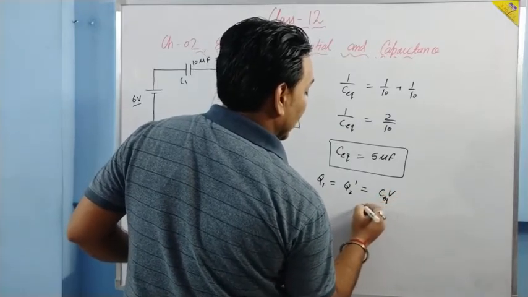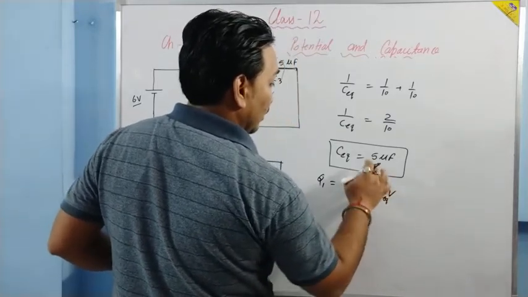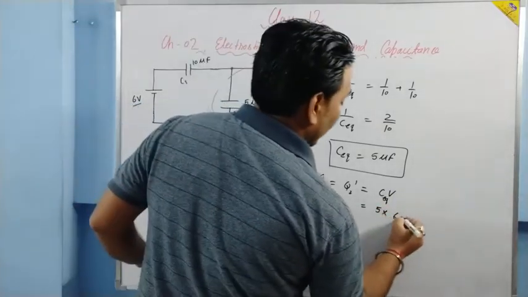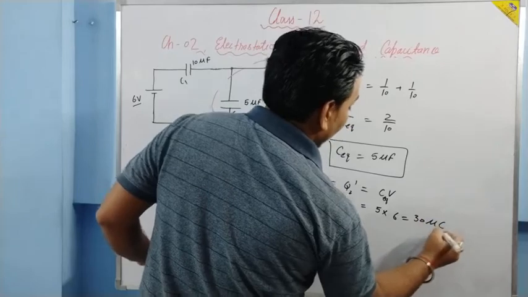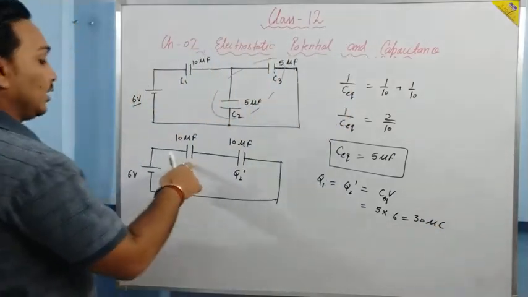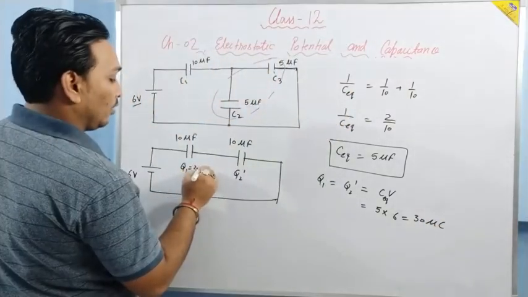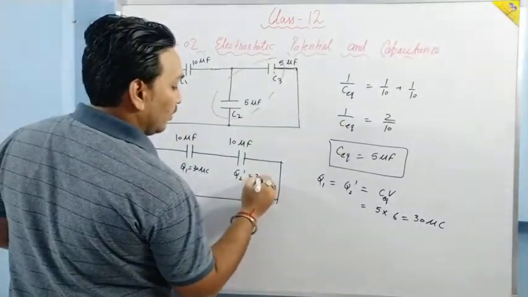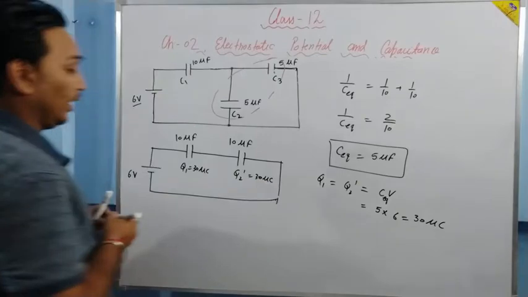And what is that C? C equivalent is 5, voltage is 6. We are going to have 30 microcoulomb. So basically this capacitor has 30 microcoulomb and the combination of these two will have 30 microcoulomb, right?